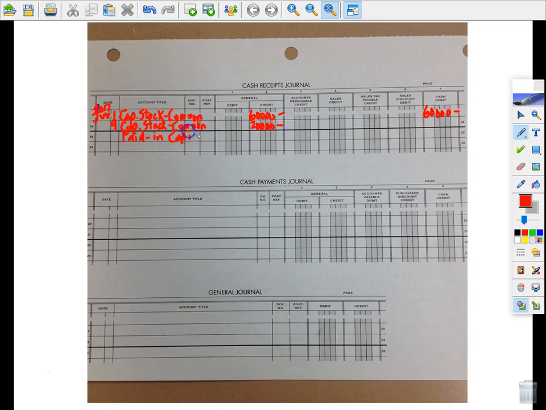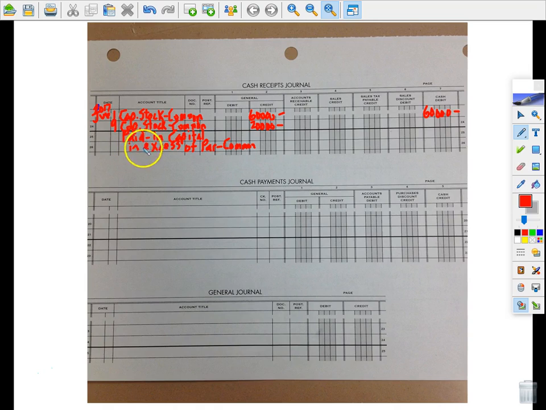And I'm going to use 2 lines, and you'll need to use 2 lines for this too. Paid in capital in excess of par dash common.